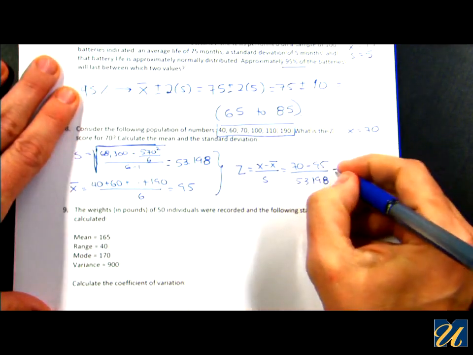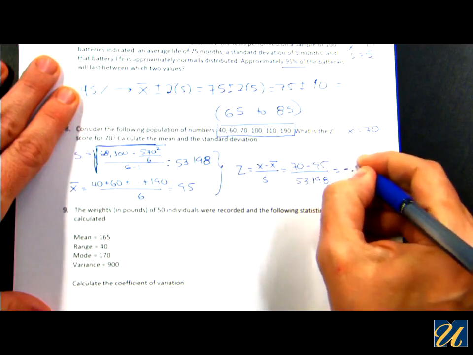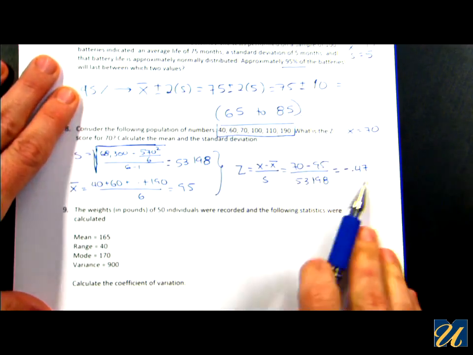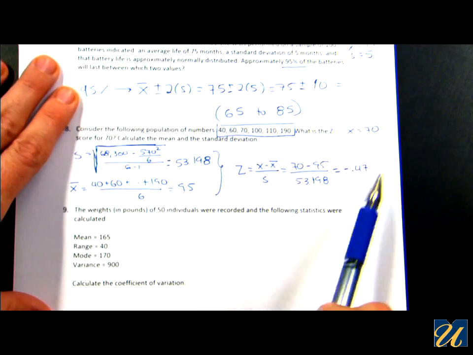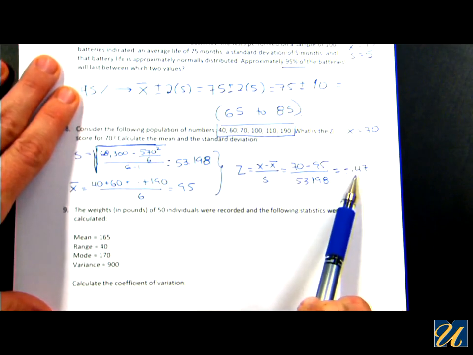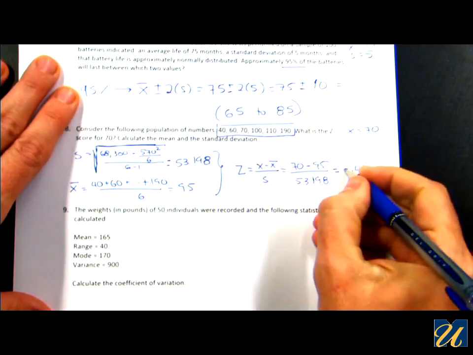So your z-score for 70 would be negative 0.47. That would indicate that 70 is 0.47 standard deviations below the mean.